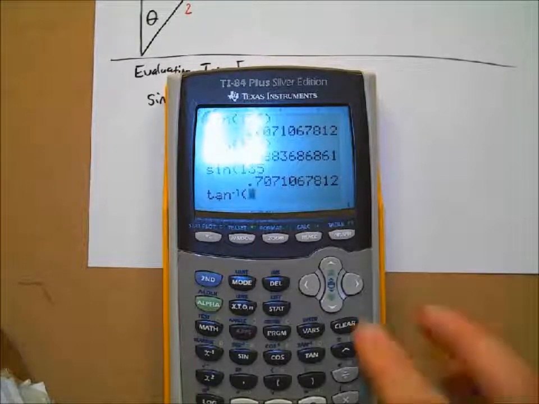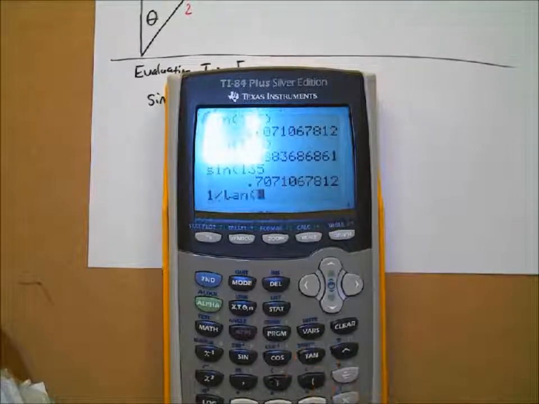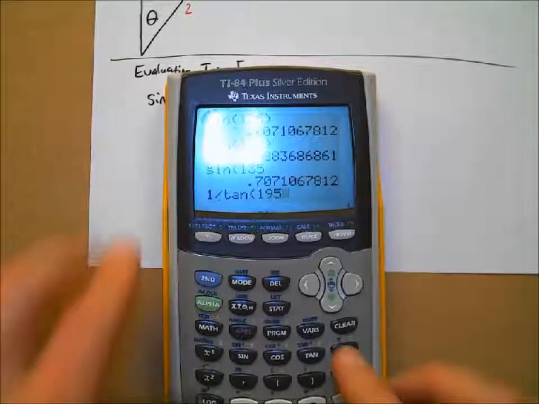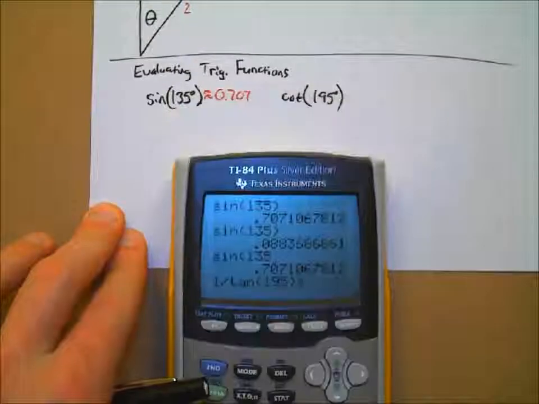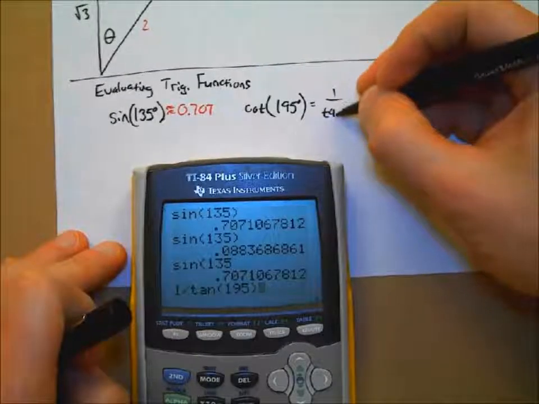So the question is, again, what do we press to do cotangent? Well, what is cotangent? It is 1 over tangent. So 1 over the tangent of 195 is what you're going to type in. That's how you evaluate cotangent. You make it 1 over the tangent of 195.